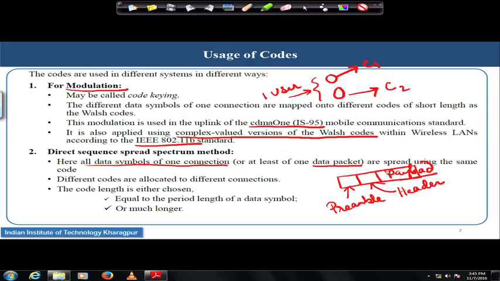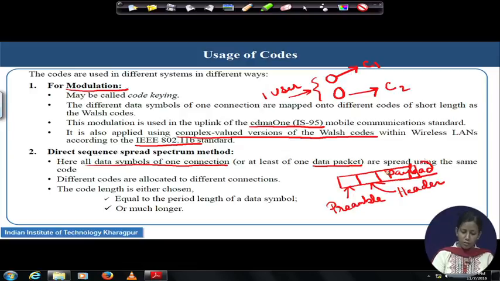Different codes may be allocated for different packets in spread spectrum communication, that is true, but usually when codes are utilized for segregating users, we utilize one dedicated code for one user, and for different users we provide different codes to separate them out.